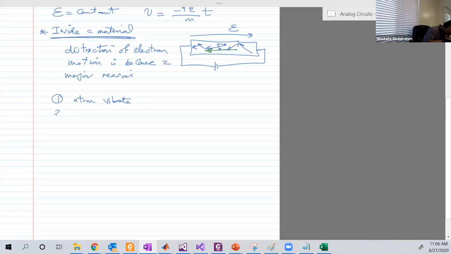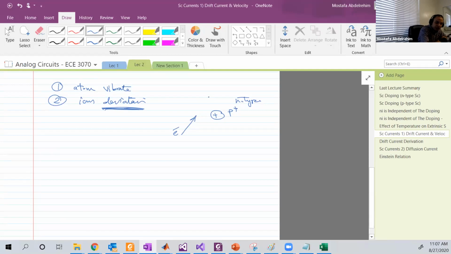The second major reason is the positive ions. Let's call it ions deviation. So for example, if in any n-type material you have these phosphorus positive ions, let's assume that electrons were moving like this in a straight line, okay?